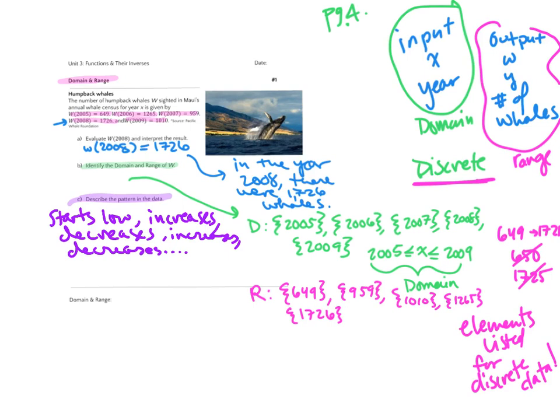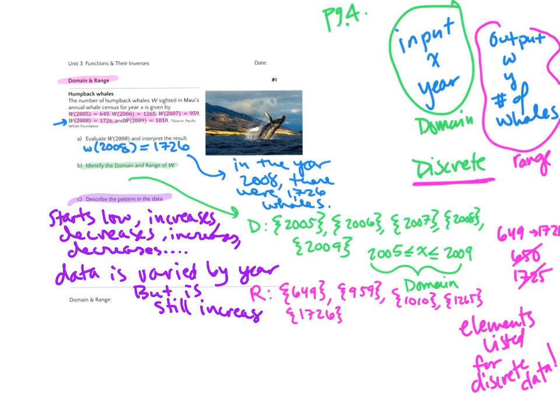That like the census, the population depends on the year? Depends on the weather, depends on hunting. I don't know what it depends on. So I'm going to say something like the data is varied by year, but ultimately it's increasing, still increasing over time, right? I mean, it is. Hopefully. I wonder what it is now.